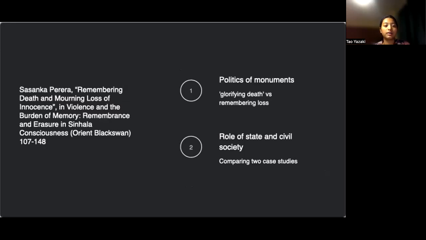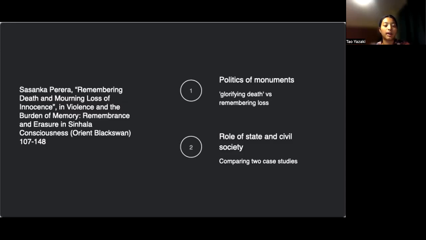So he looks at the politics of monuments, and his previous chapter was on war monuments that glorify death and heroism, through things like the pose, in contrast with the topic of this chapter, which is remembering the loss of civilians, of innocence.